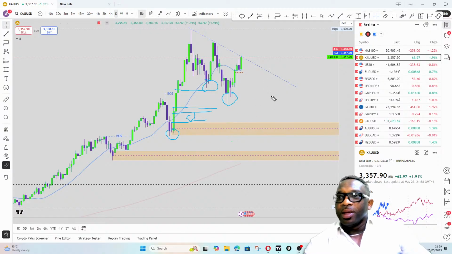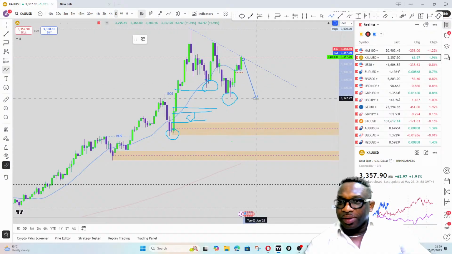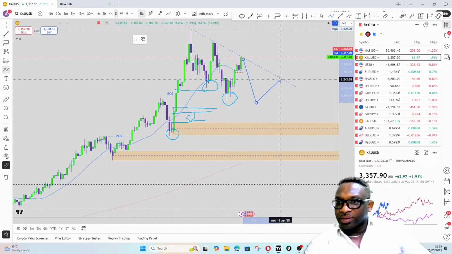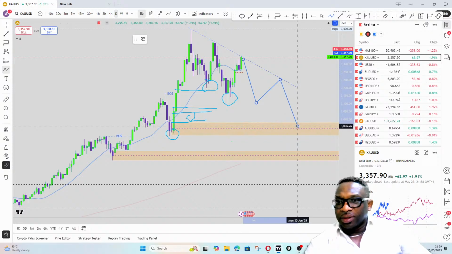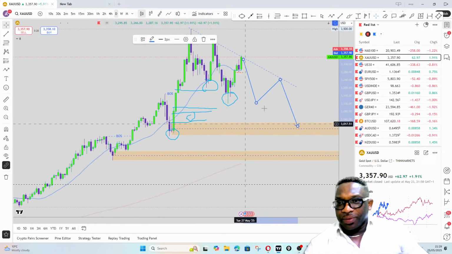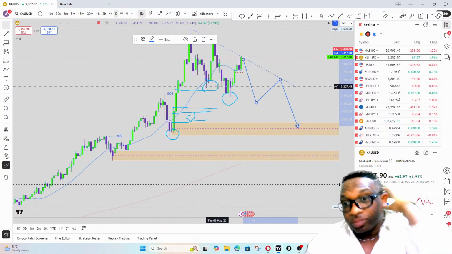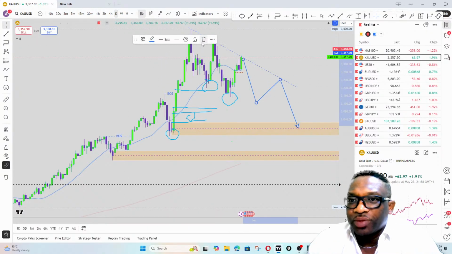So this week we're expecting price to push from here, maybe do something like this, back there, then test this area. This is on the higher time frame, the 1 hour chart. So we'll go down to the smaller time frame to refine what we have identified on the higher time frame.